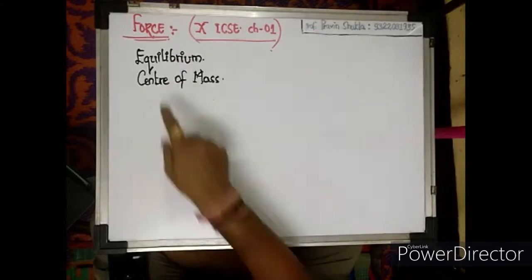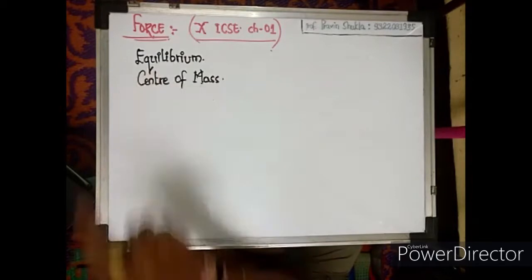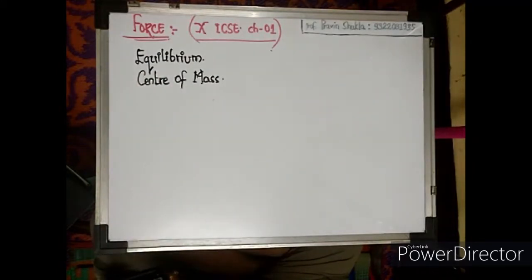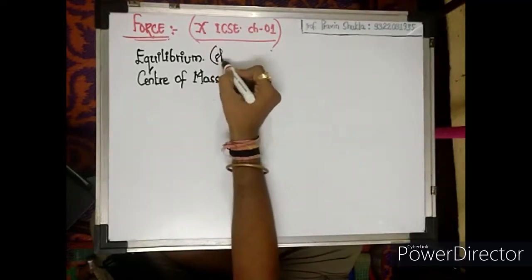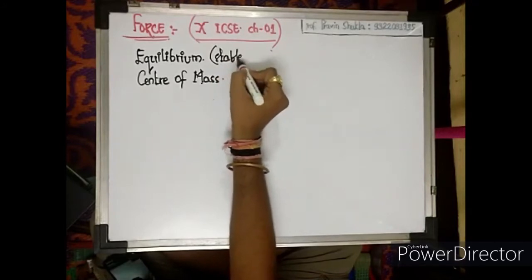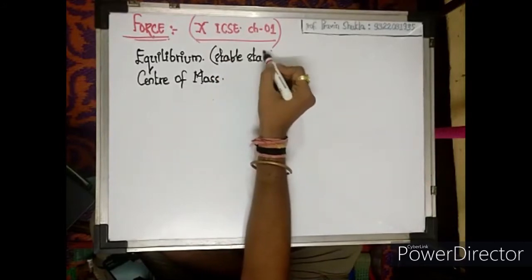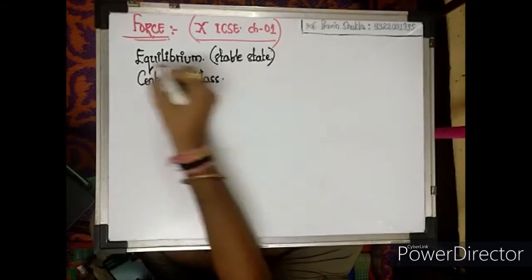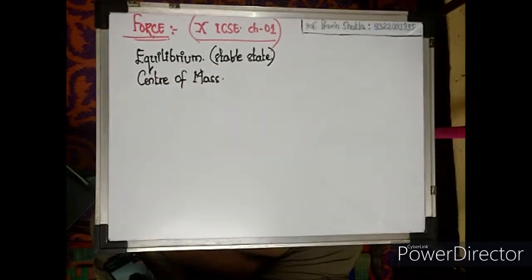So we will see what exactly is equilibrium. Okay, mind it, equilibrium ka matlab hota hai, it is a stable state. When I say equilibrium, it means I am talking about the stable state. Stable state.